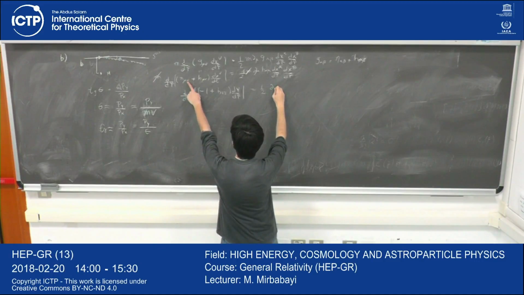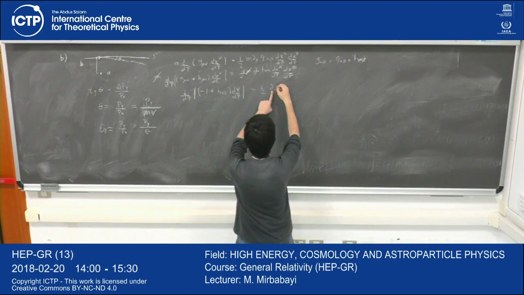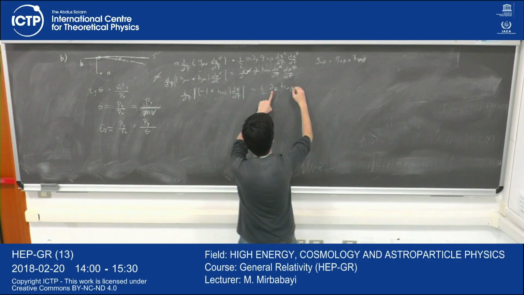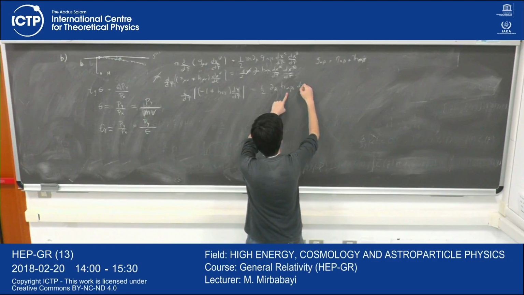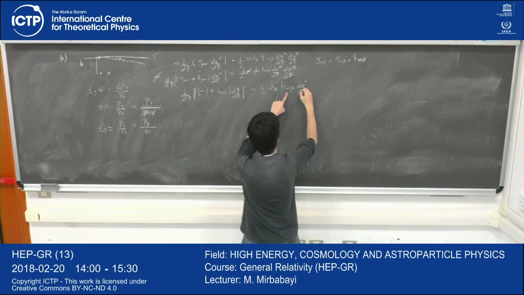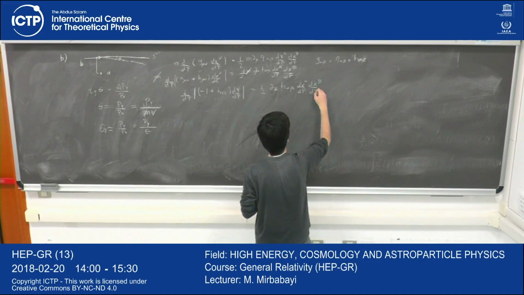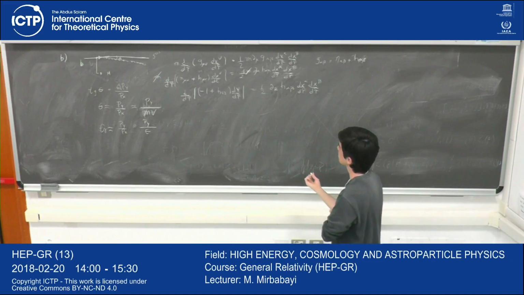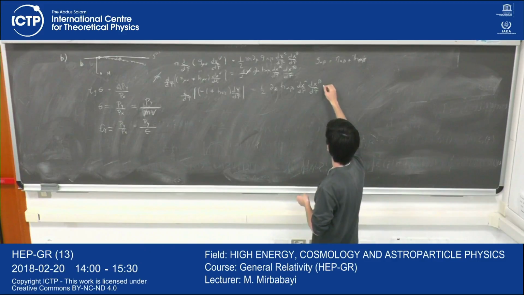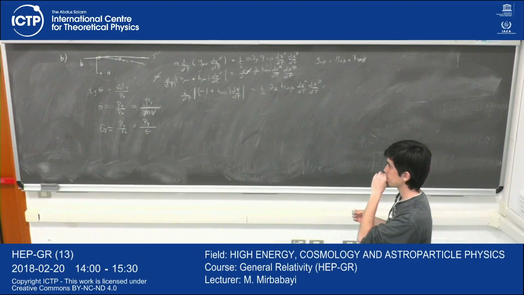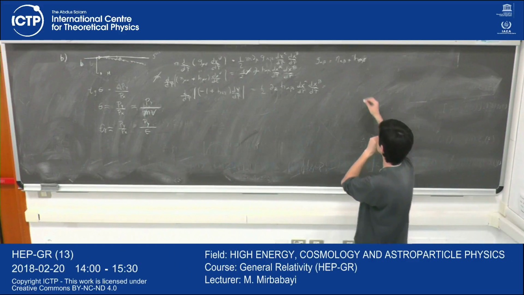The free index. So I guess you are using the other signature, where the spatial components of the Minkowski metric are plus 1.